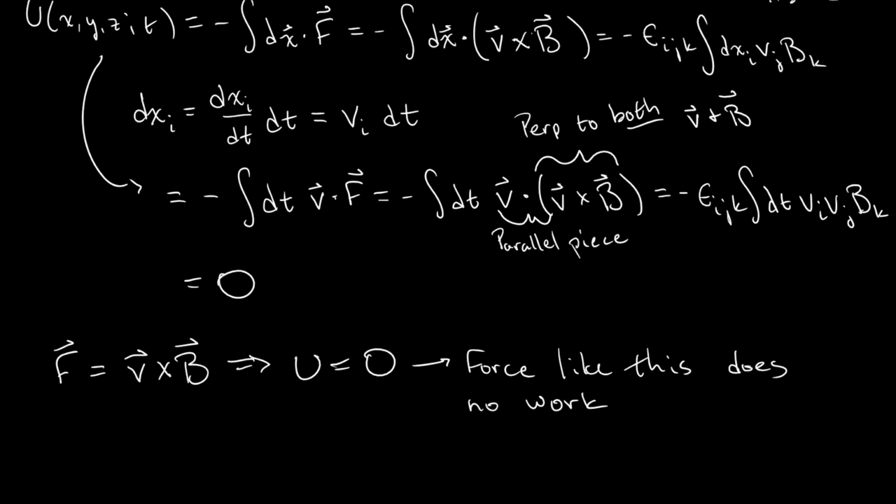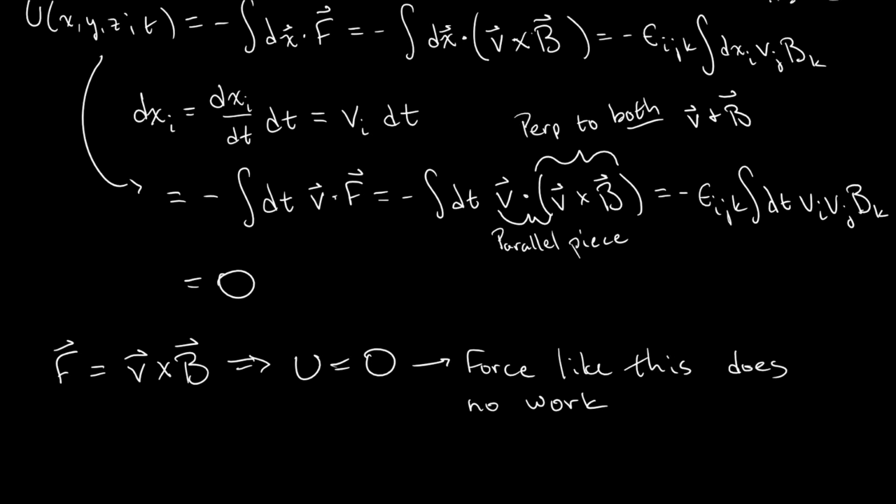But we shouldn't really be surprised about this, because we know that the force always acts perpendicular to the velocity. So no matter where we are, it only depends on the velocity, and the force acts perpendicular to that velocity.